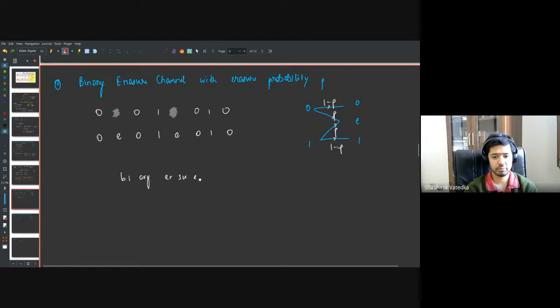Of course, in this case, maybe you can predict it, but there is a blank space over here, and this blank space is what I denote using this particular symbol E. Does that make sense?